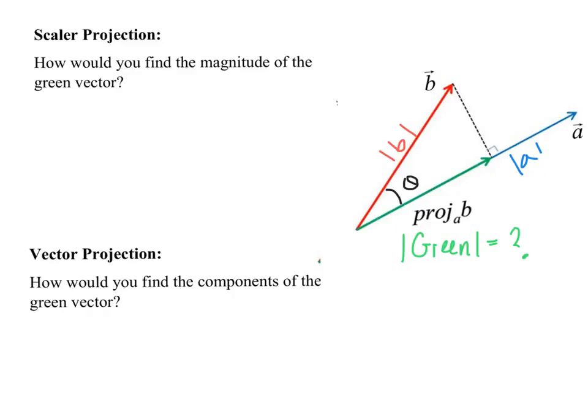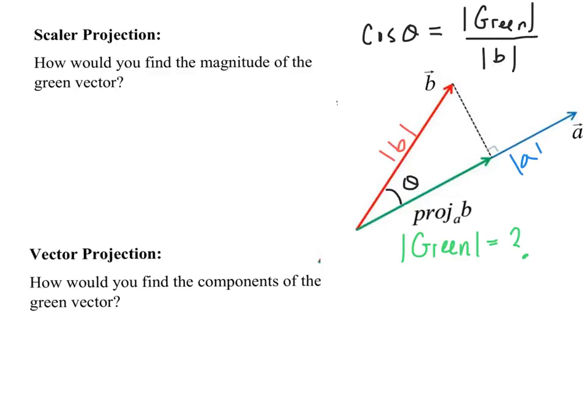For instance, the cosine of theta is equal to the adjacent side, which is the green, and I'm going to write magnitude because that's the length, over the magnitude of B. So the cosine of the angle is the length of the adjacent divided by the length of the hypotenuse.